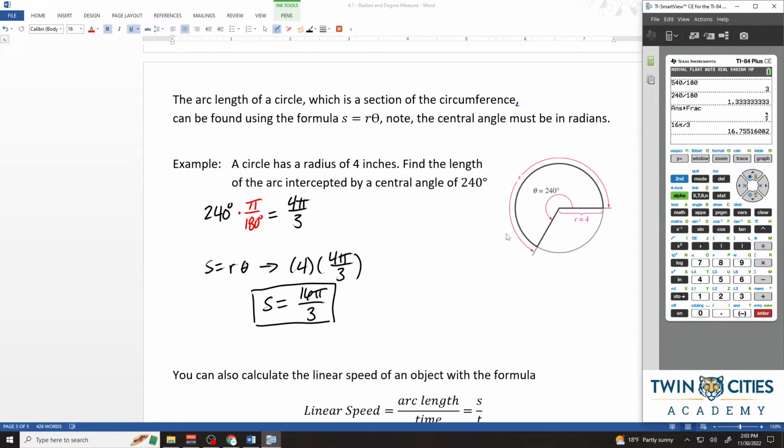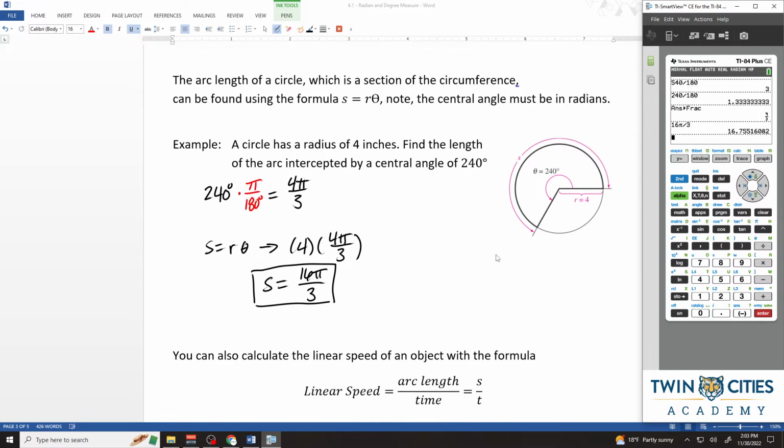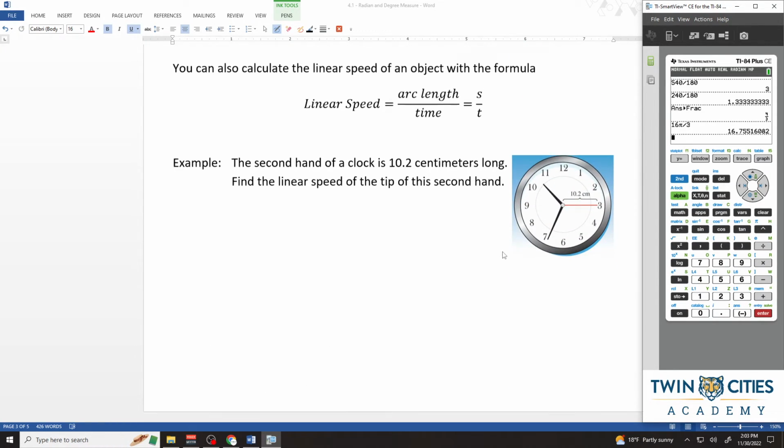Lastly, what can we do with this arc length? Well, one thing is we can find the linear speed. Linear speed is how fast an object is moving around the edge of a circle. Oftentimes, this could be used in astronomy, thinking about something orbiting a planet.